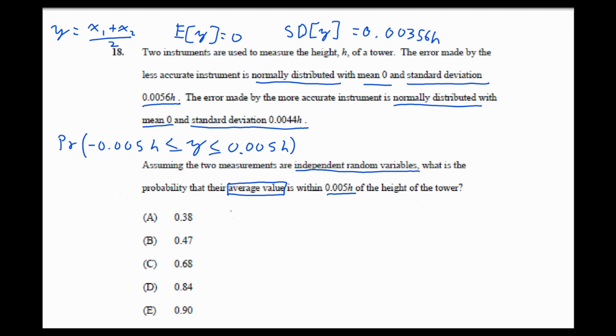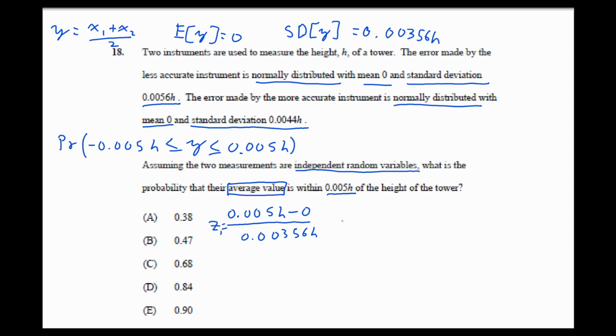So the z formula is basically 0.005h minus mu, right? That's your expected value of y up there. And then you're dividing by the standard deviation of y, so 0.00356h.